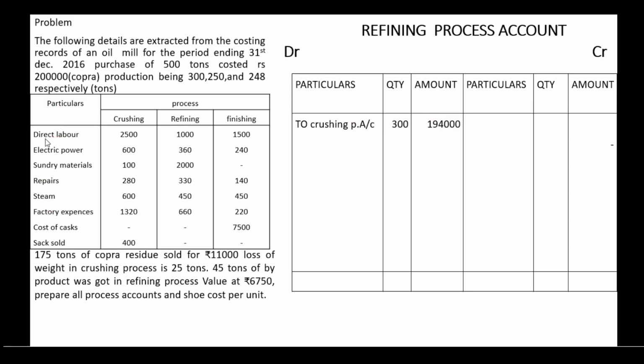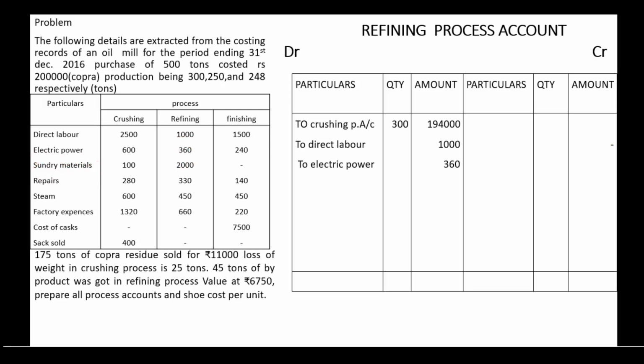The first one, direct labor. To direct labor, the refining amount. Since this is the refining process, we enter the refining amount here. That is 1,000 rupees. Next, electric power. To electric power, refining process amount 360 rupees.